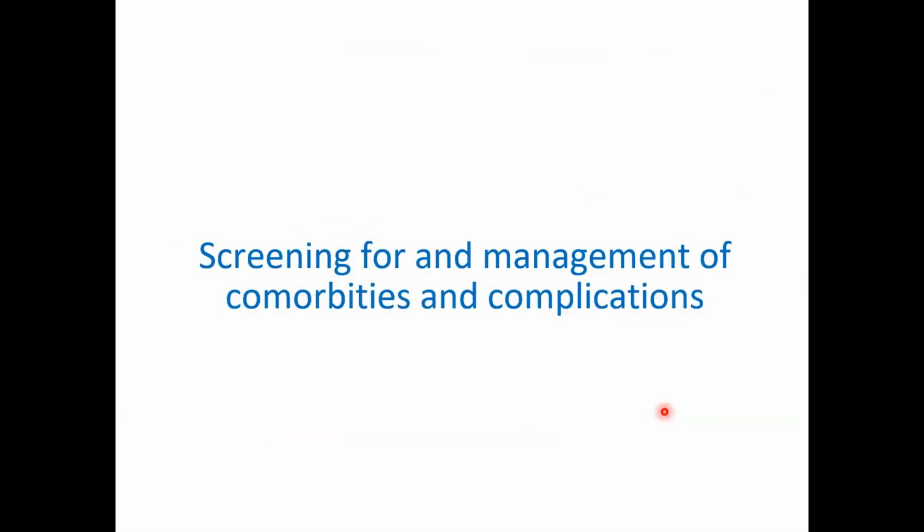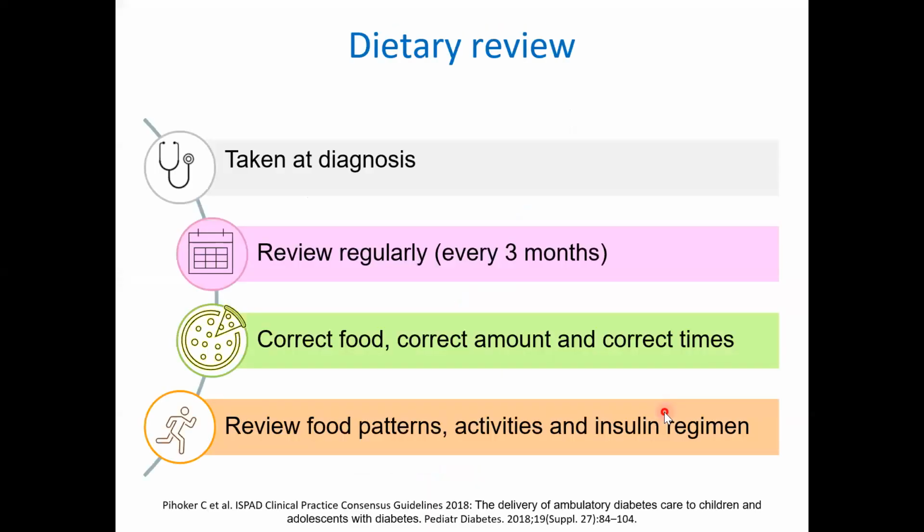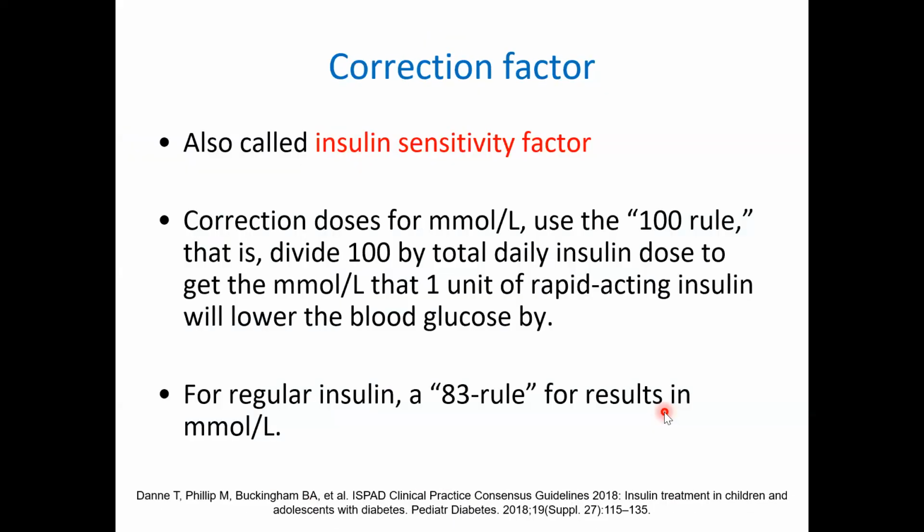Basically, correction factor is how much each unit of insulin will lower your blood glucose by, okay? Why does every patient with diabetes need to know their correction factor? Because we have to educate them. From the time you make that diagnosis, from the time you transition a patient from DKA management, you need to tell them about the correction factor. And usually we recommend that you even document it for them in their diary, okay?